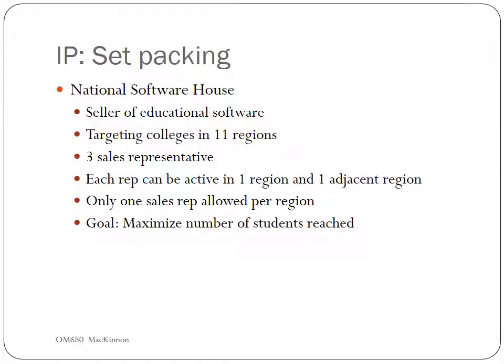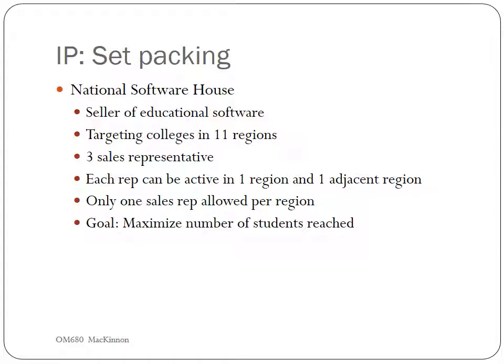NSH is a seller of educational software, and they are looking at targeting colleges in 11 different regions. They have 3 sales representatives, and each rep can be active in one region and one adjacent region, so they will be looking at pairs of regions.